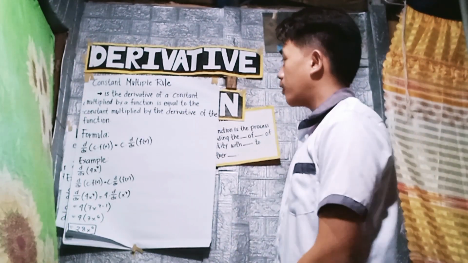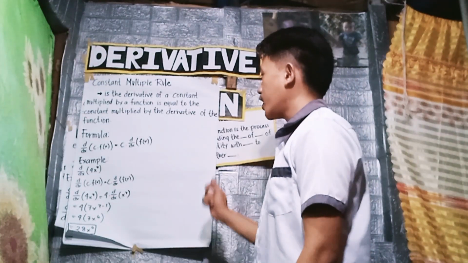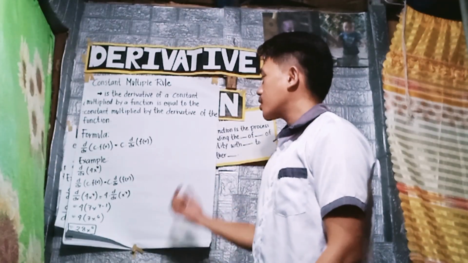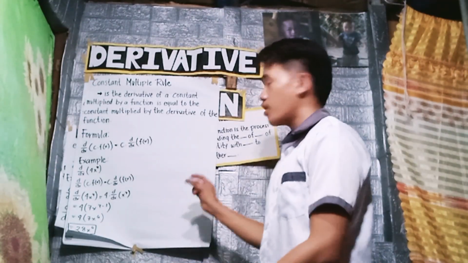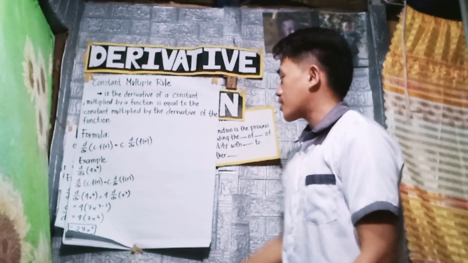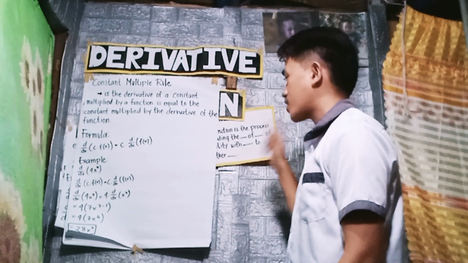So the formula of constant multiple rule is d over dx of c times f(x) equals c times d over dx of f(x). So we have an example here. The derivative of 4x to the raised power of 7.